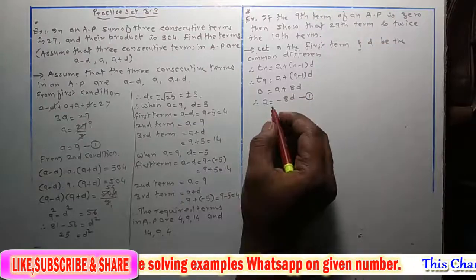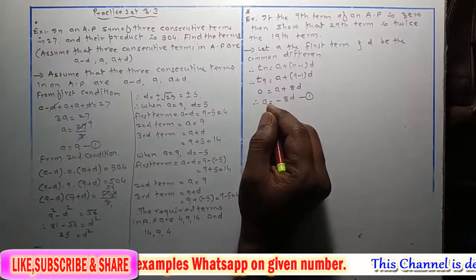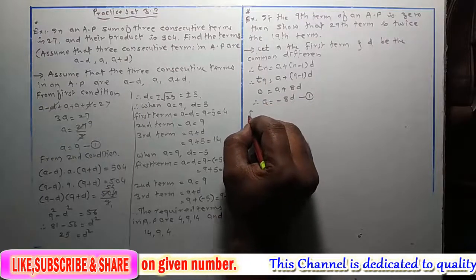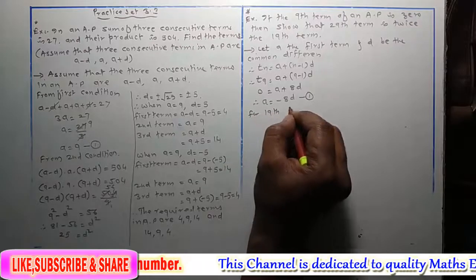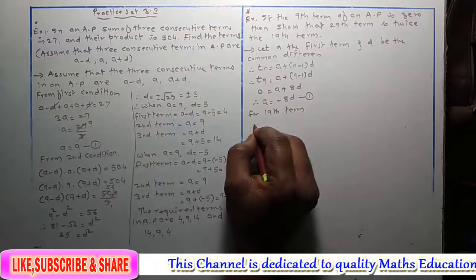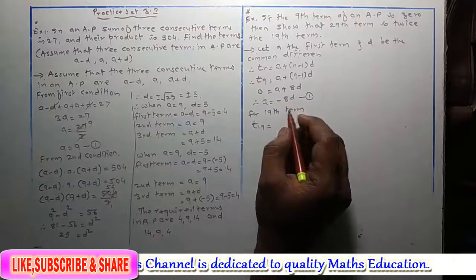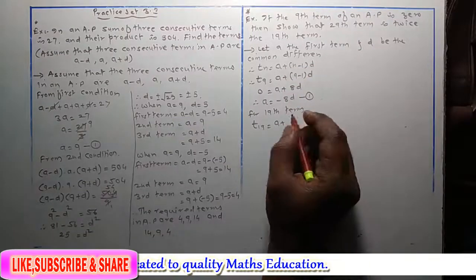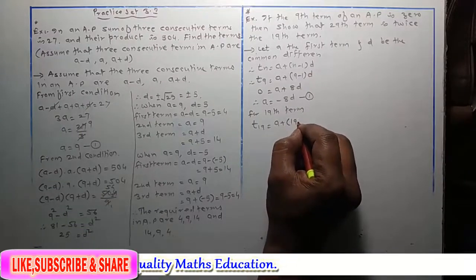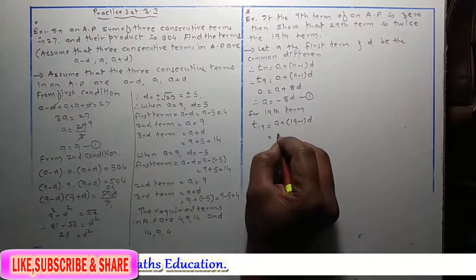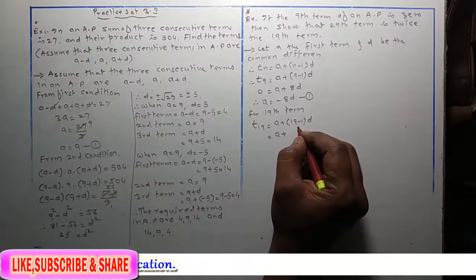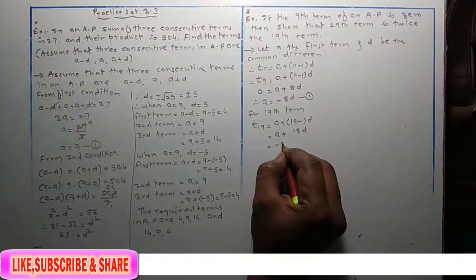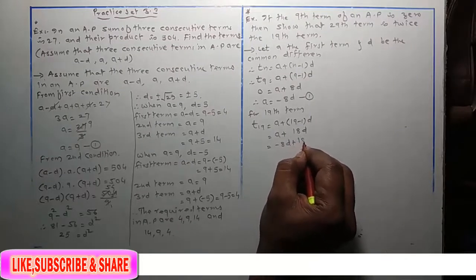Okay, now 19th term. For 19th term, T19 is equal to a plus, in the formula for Tn just put n is equal to 19, so you'll get a plus 19 minus 1 into d, that is equal to a plus 19 minus 1, that is 18d, but a is nothing but minus 8d plus 18d.